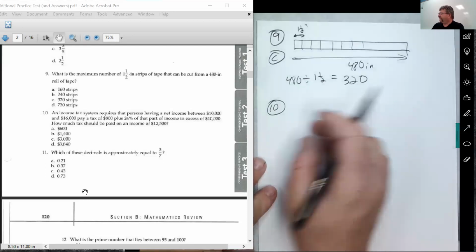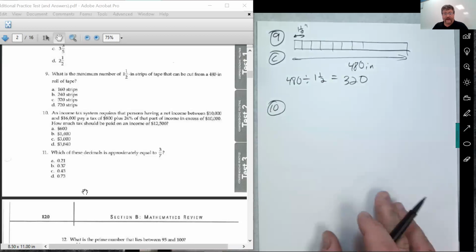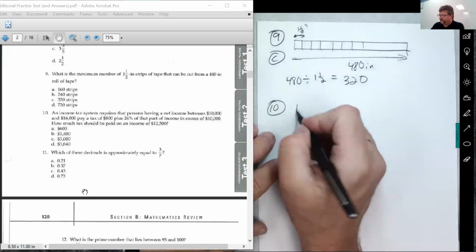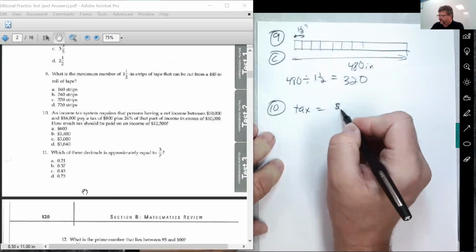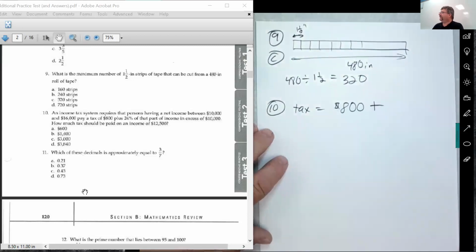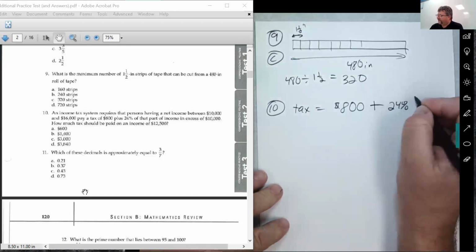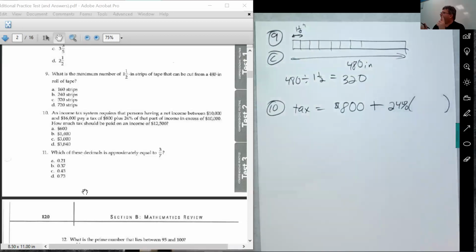Okay, so if you're making between the $10,000 and the $16,000, right off the bat, you're paying $800. So the tax is 800 plus something. What's the something? The something is 24% of, and of means times, of only the amount of the income in excess of the 10,000.